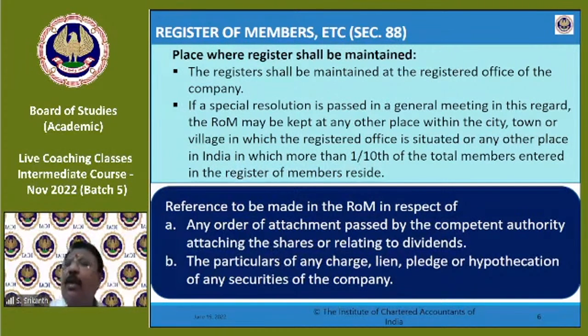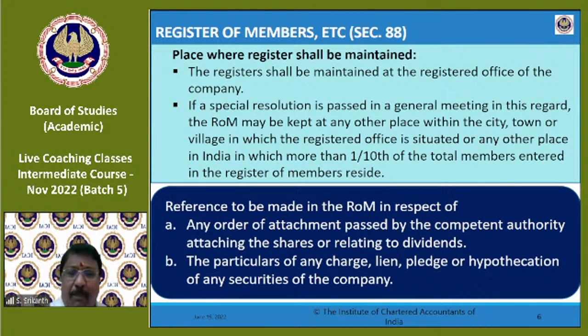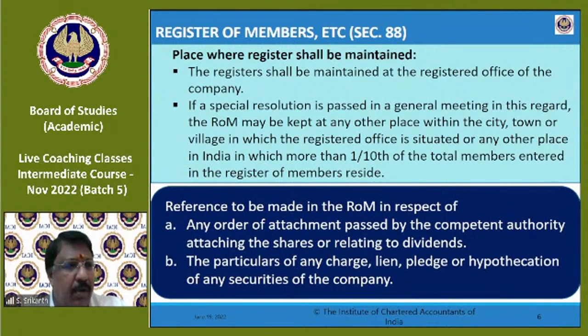For example, if the promoters are having shares, for the purpose of raising money, they have pledged the shares. Pledge means to give movable property as security for a loan. Hypothecation is also the same. Where any movable property is given as a security for a loan, there is a pledge or a hypothecation.